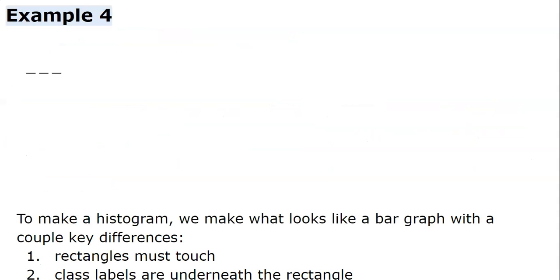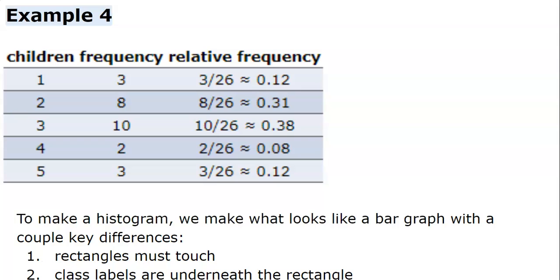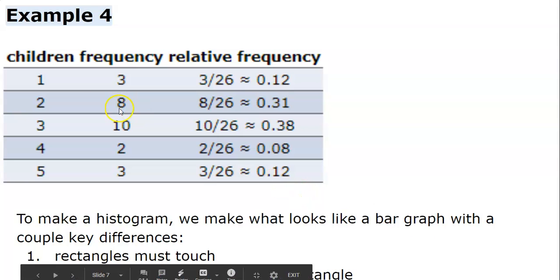Let's have an example. Let's use the data we have in example 1, which is about number of children. As you can see, we have this data from number 1. To make a histogram, we make what looks like a bar graph with a couple of key differences.